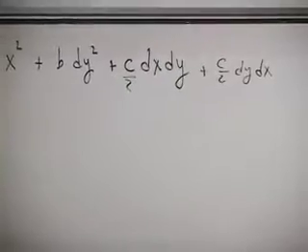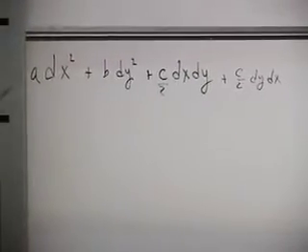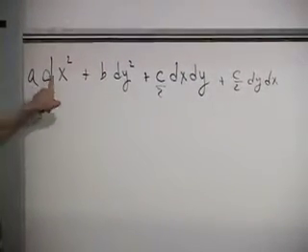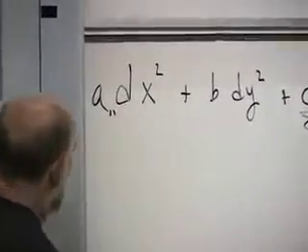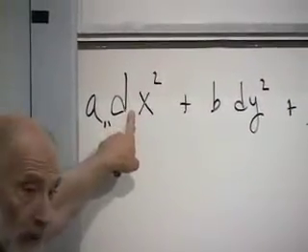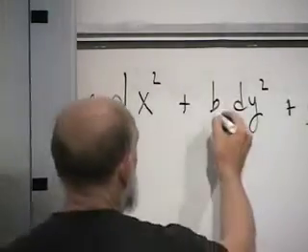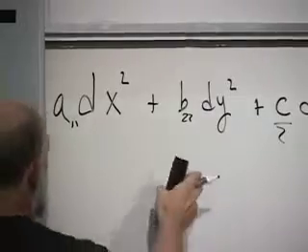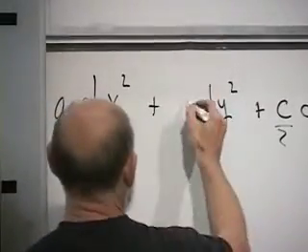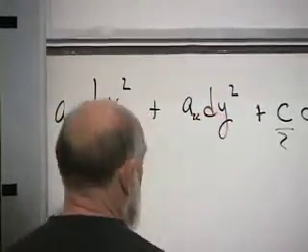And so you have a whole bunch of coefficients. We could give these coefficients names. We could call this A11, for the fact that it multiplies dx squared. We could call this A22, or AYY.